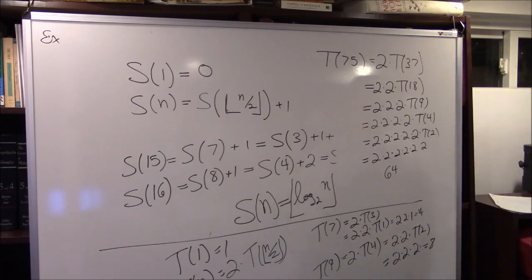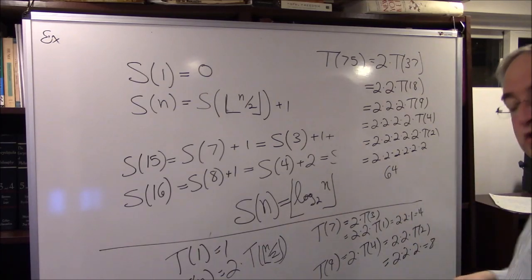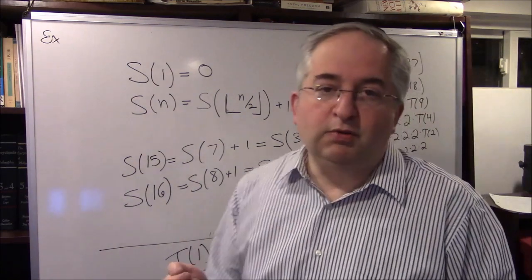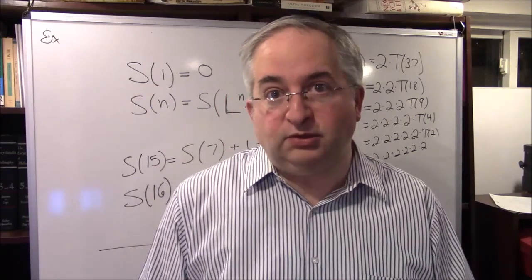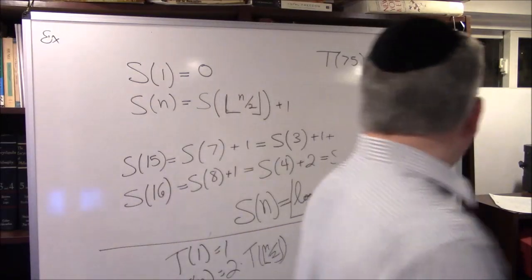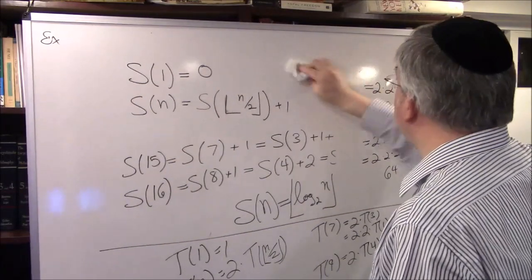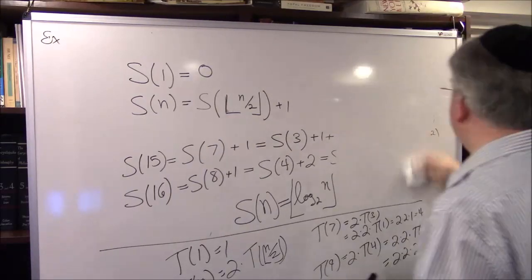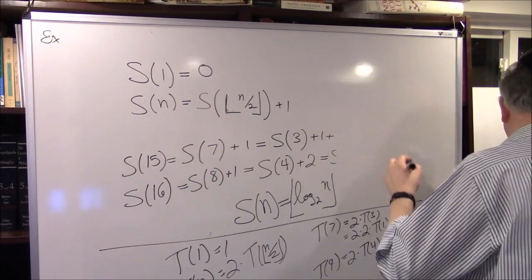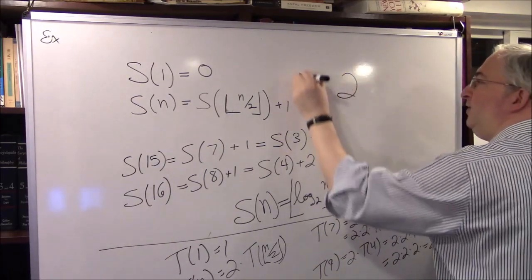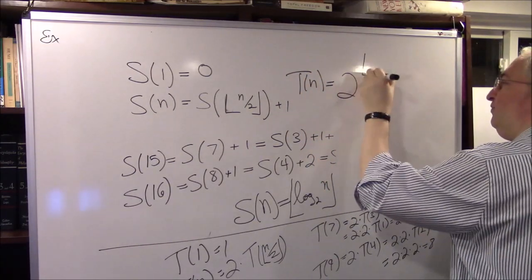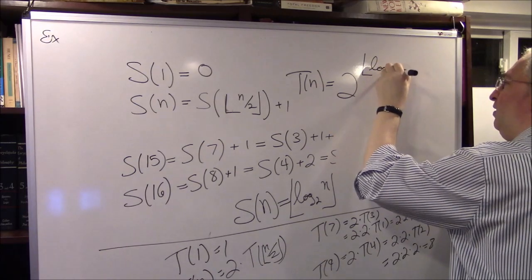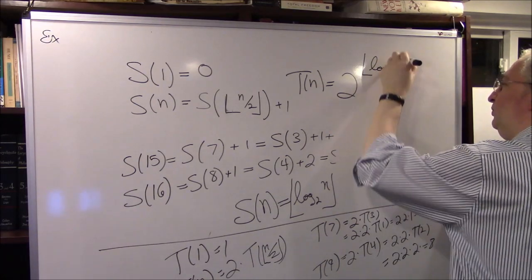Let me show you what this function is. You can figure out what the function is. Notice what we do. Whenever we can divide by 2, we multiply by 2. That's the basic idea. It has to do with logarithms also, but it's an interesting thing. T of n is equal to 2 to the floor of log of n base 2.